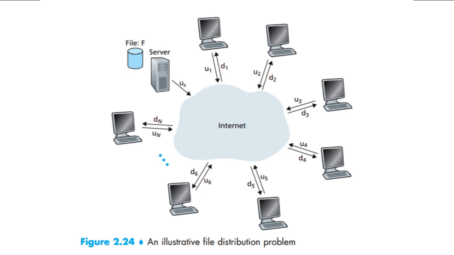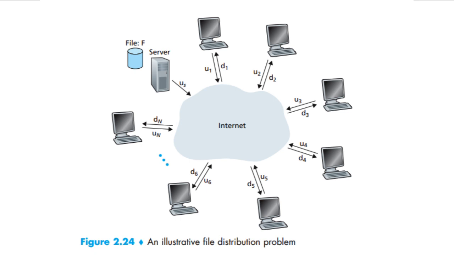In a homework problem, you will be asked to show that the server can schedule its transmissions so that the lower bound is actually achieved. So let us take this lower bound as the actual distribution time, that is, D_cs = max{NF/u_s, F/d_min}.